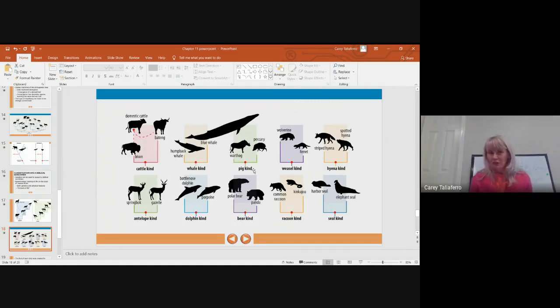You're not evolutionary scientists yet. So we're going to keep it simple with cattle kind and whale kind and pig kind and weasel kind. Hopefully you can look at this chart and see a bit of a divergence there at each of these. Same idea, the dots still show a separation in kinds, all right?